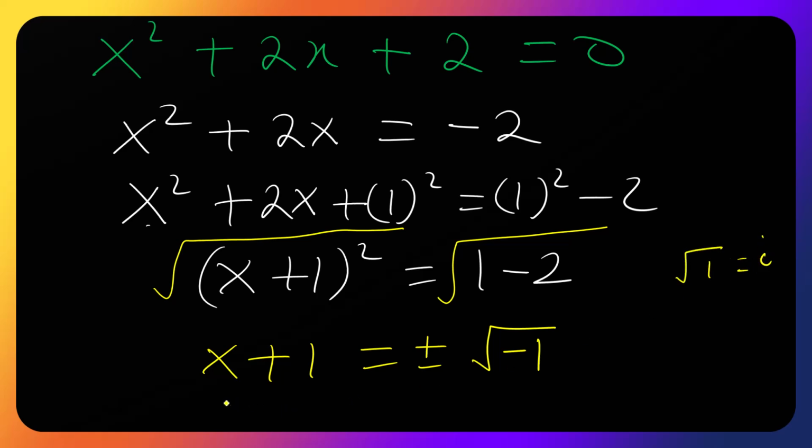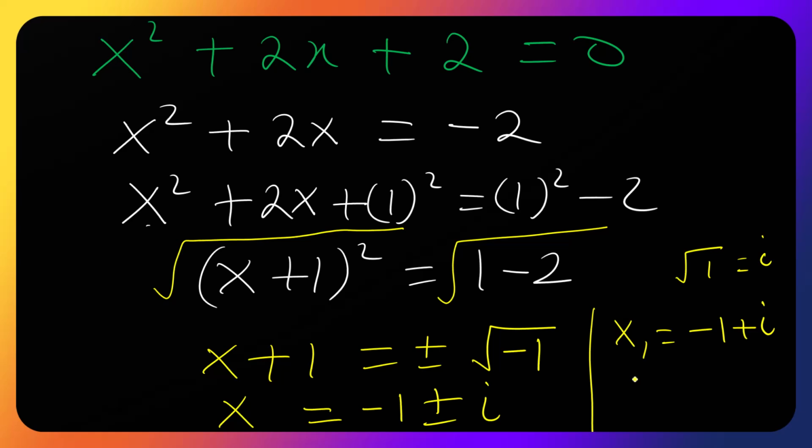So we have x equals minus 1 plus or minus i. It means x1 is minus 1 plus i, and x2 is minus 1 minus i. So we have two solutions here.